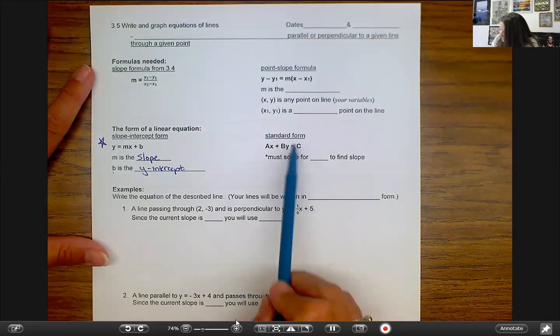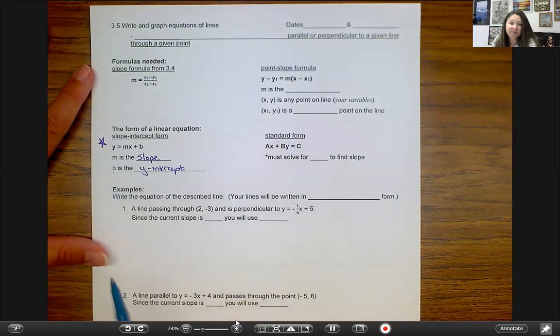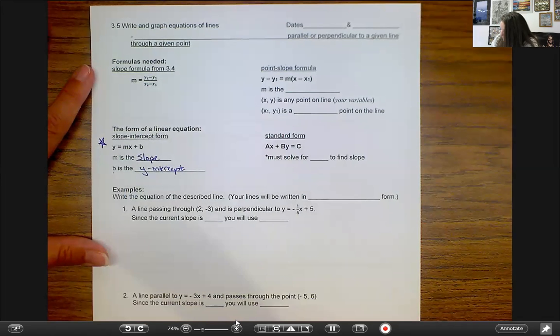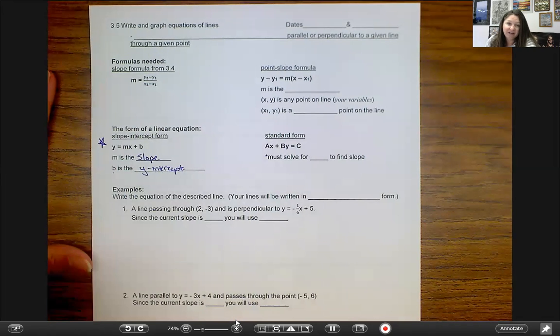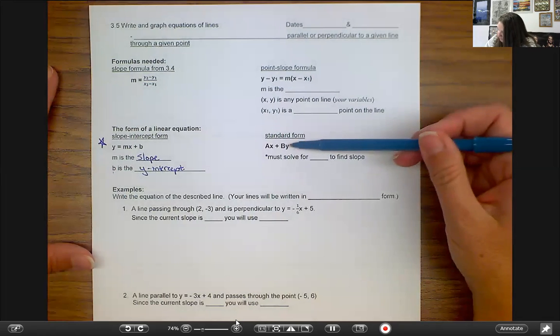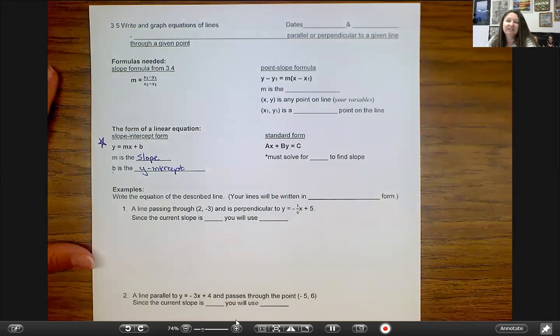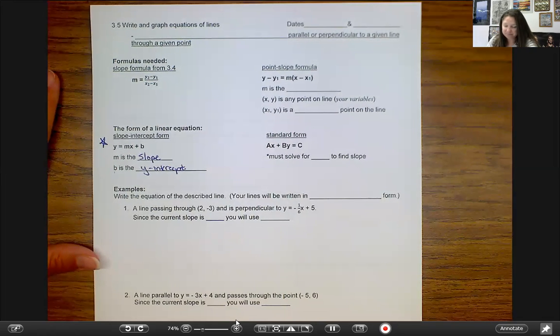So if you wanted to take standard form and convert it to slope-intercept, you would just solve for y, or get y by itself. So move ax to the other side, divide by b. That's exactly how you would find slope too: solve this equation for y, and whatever term is in front of x is going to be your slope.